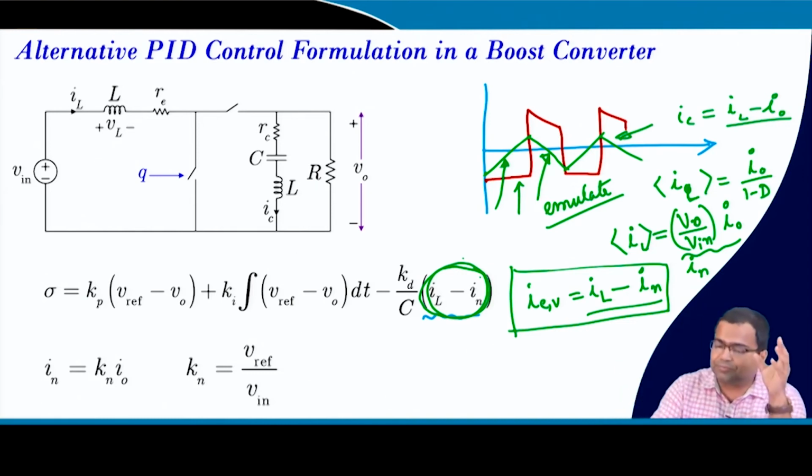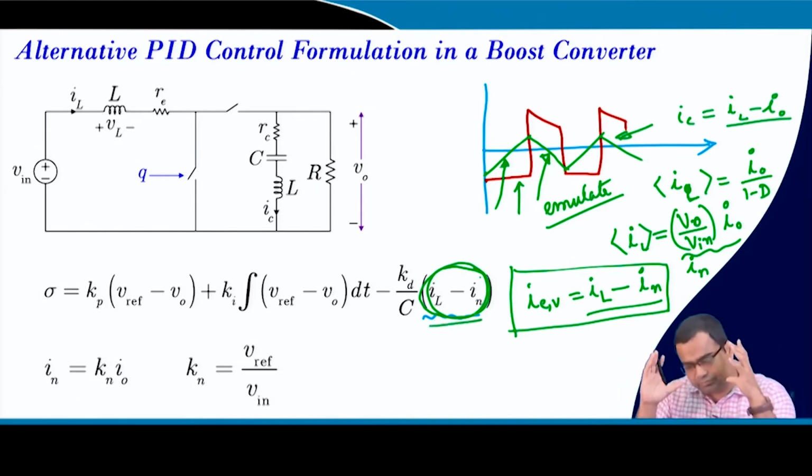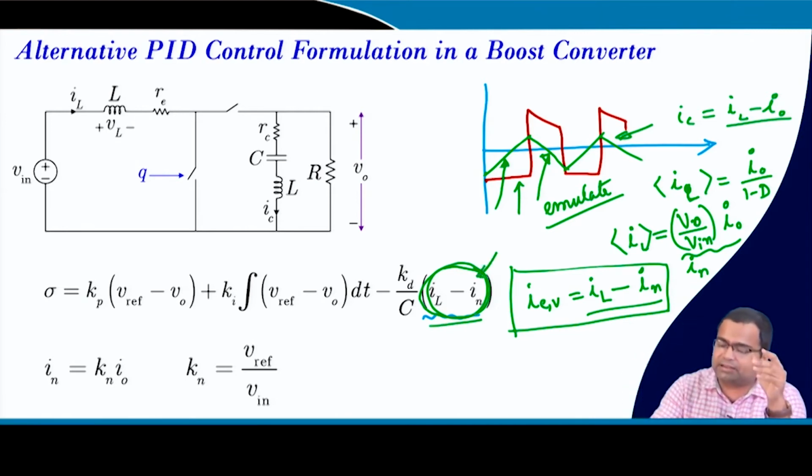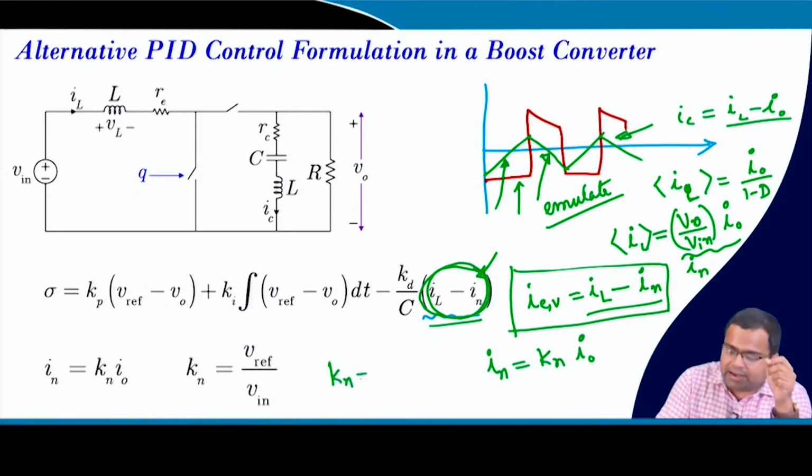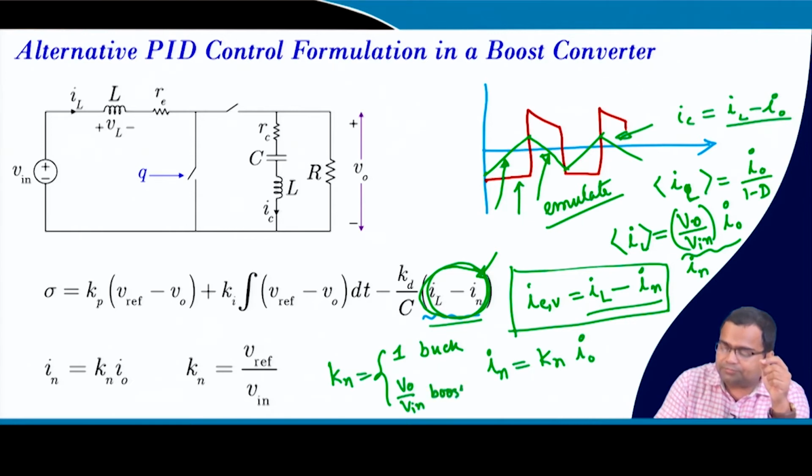So, for a boost converter, this normalized current is IN equals Kn times I0, where Kn is equal to 1 for a buck converter and it is equal to V0 by Vin at steady state for a boost converter.